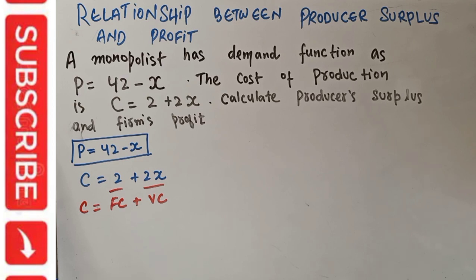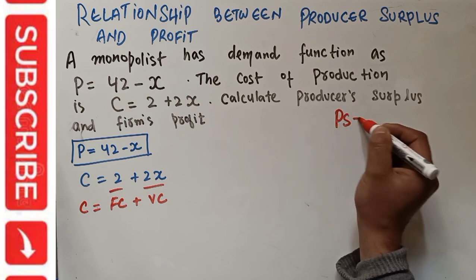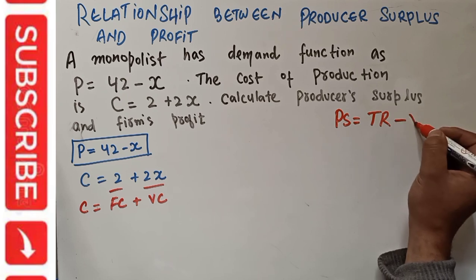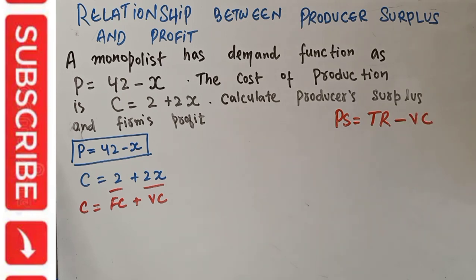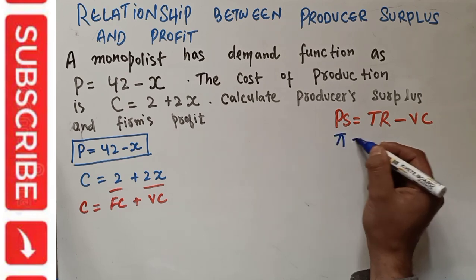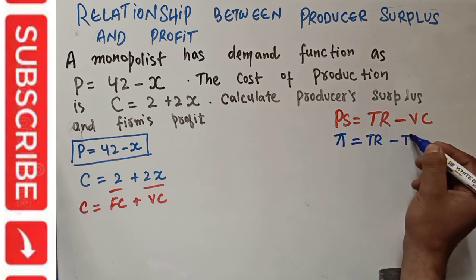Let me be specific here about the relationship. Producer surplus is simply equal to total revenue of the firm minus the variable cost. Also, we know that profit is simply equal to total revenue minus total cost.